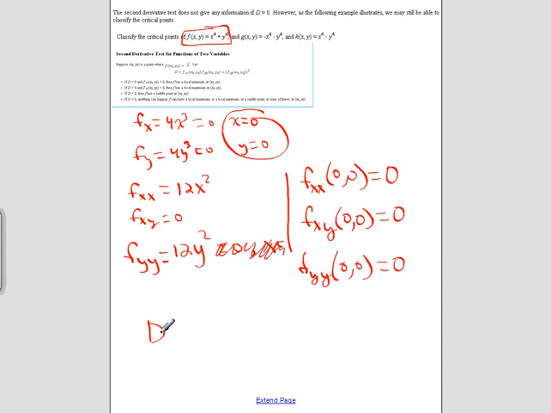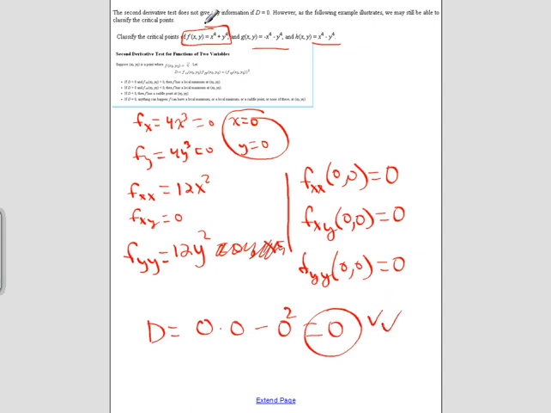What this illustrates here is that d equals, well, 0 times 0 minus 0 squared, which is 0. This is one of those places where we can't determine it. And if we went and found d for this function and for this function, both of those d values are also 0. So there are times when we get to this place and we evaluate it and we get d equals 0 and it doesn't tell us anything.